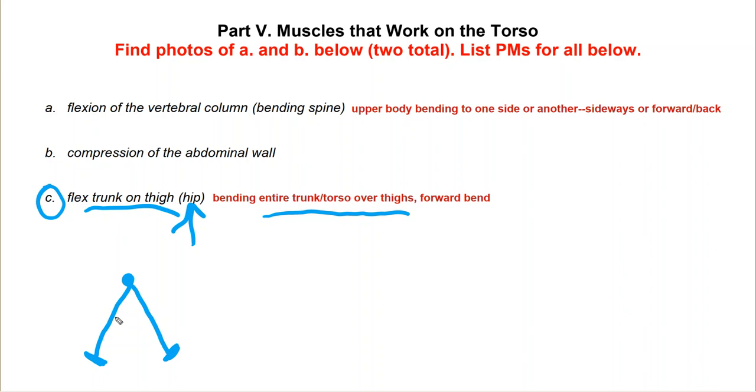Later on in the lower leg lab, you'll see flex thigh on trunk, which is you could just be bending one thigh up and not the other, and then you'd only be using one side of those muscles. And so just think about flex trunk on thigh. We're going to use two muscles that go from our vertebral column to our femurs. And then if we only do one leg, if we're only flexing one hip, we're only going to use one side of it.